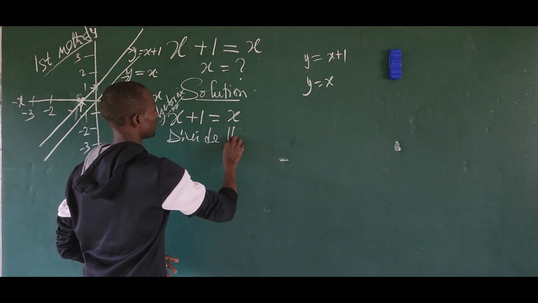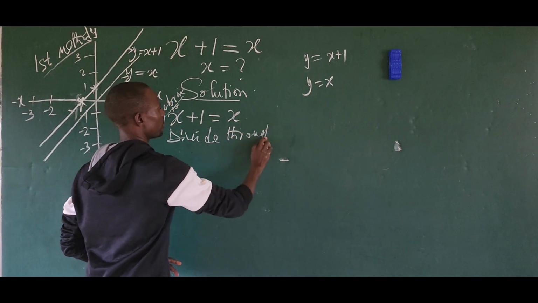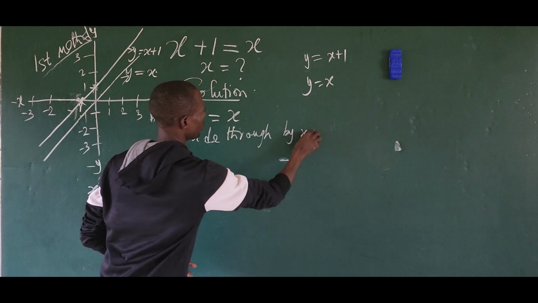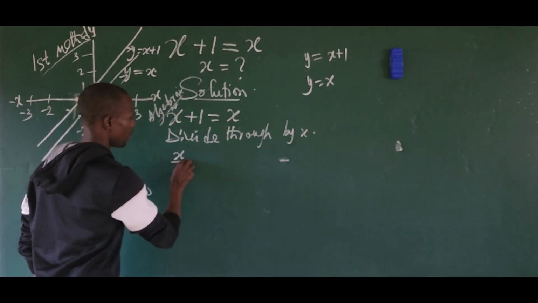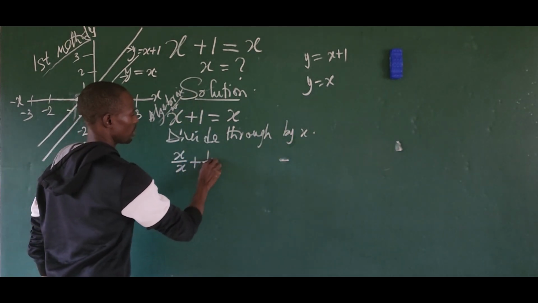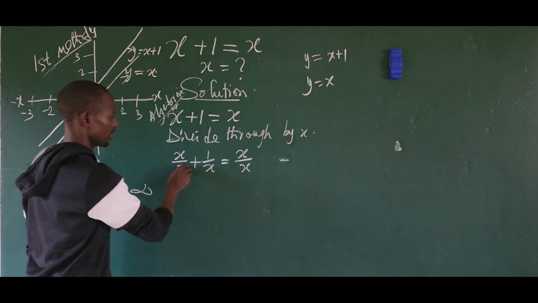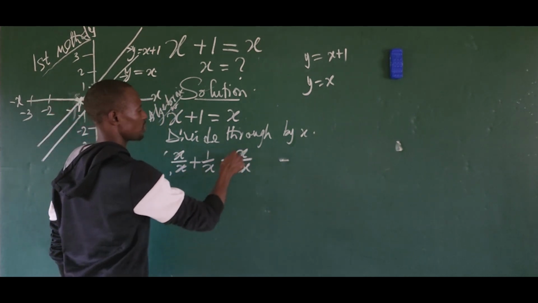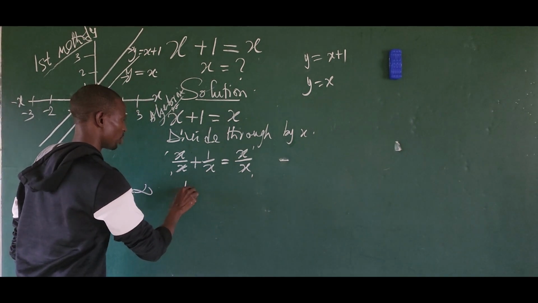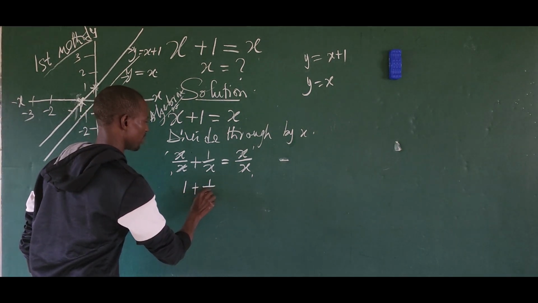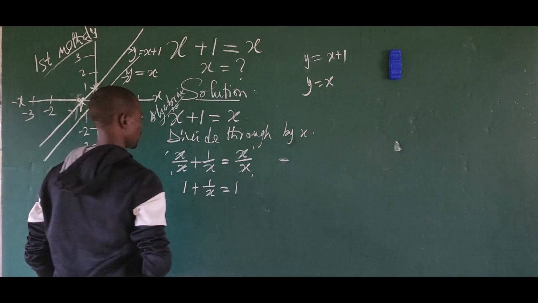If we do that, we're going to have x all over x plus 1 all over x equal to x all over x. And so this will give us 1, and this will give us 1, right? So we're going to have 1 there plus 1 all over x equal to 1.